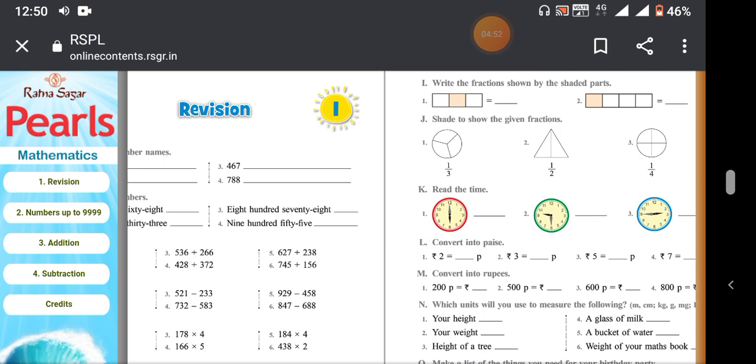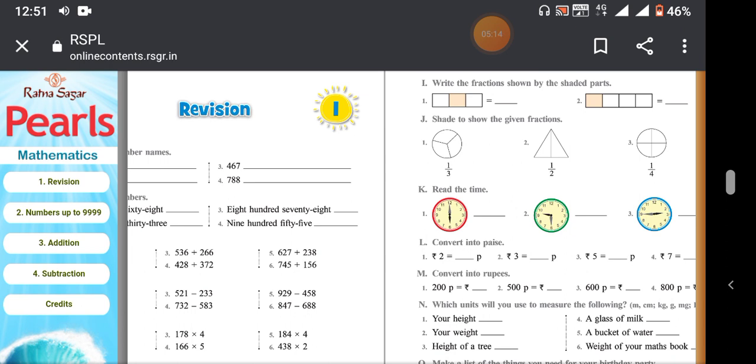Then N, which units will you use to measure the following? First, your height: which unit do you use to measure your height?